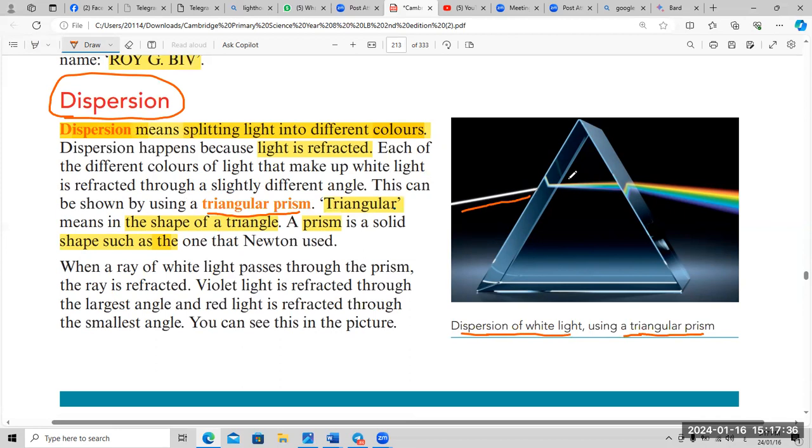The ray is refracted. Yes, exactly. The violet light is refracted through the largest angle, and the red light is refracted through the smallest angle.